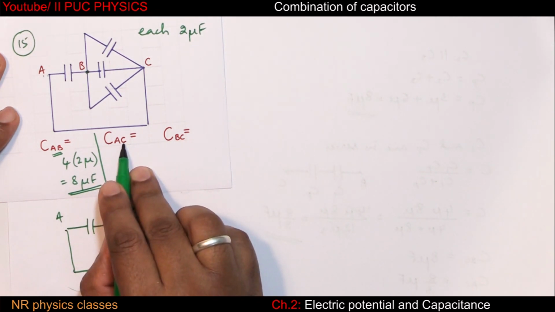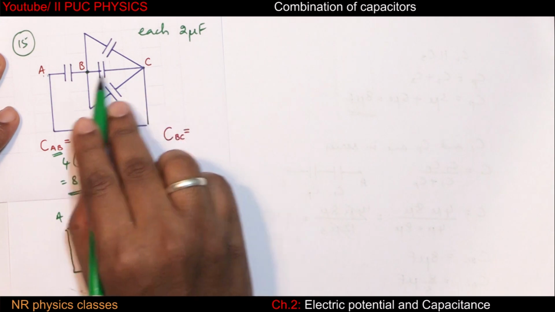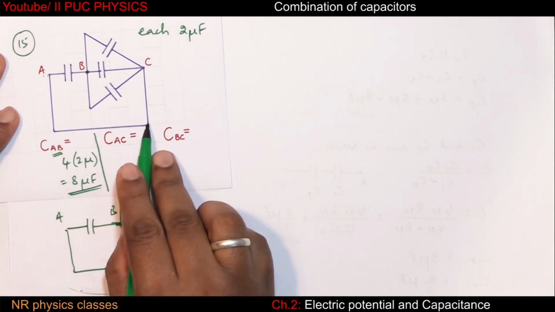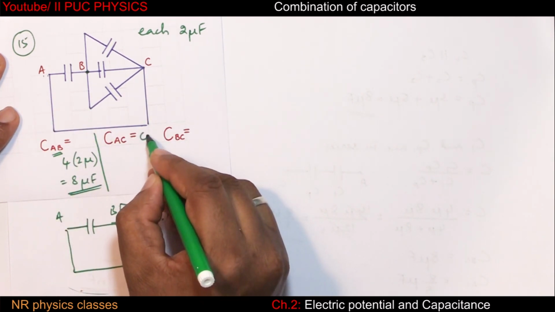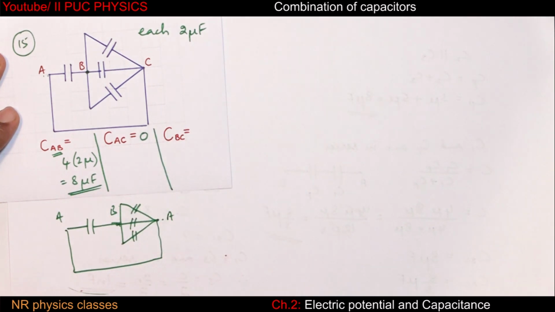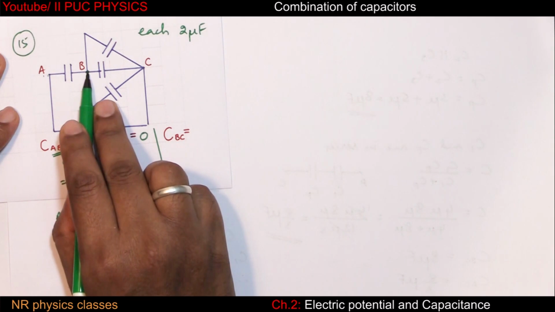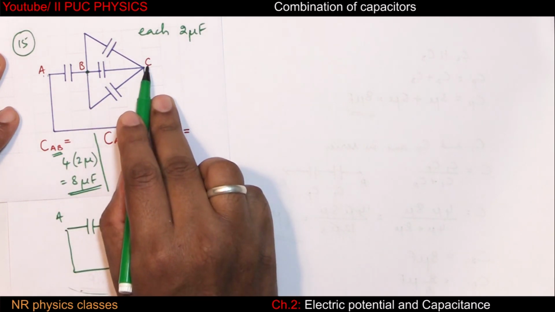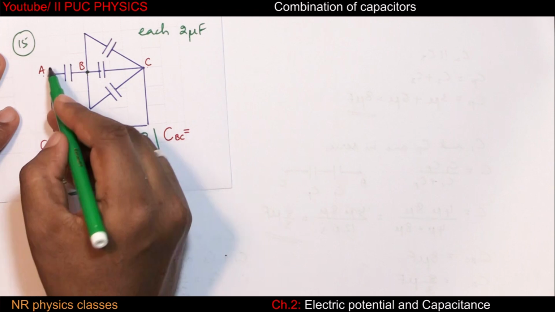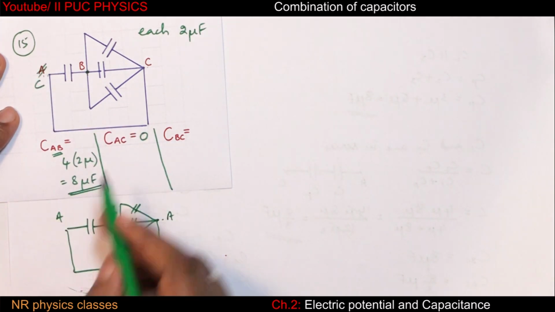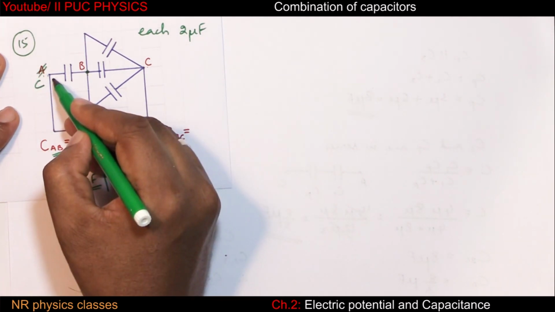CAC. If this is A, this is C. A and C are shorted by a wire. Therefore CAC is 0. Easy. Now CBC. B is here, C is here. If this is C, then this point is also C because these two are shorted by a wire.